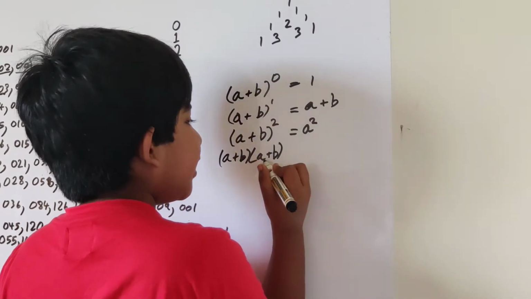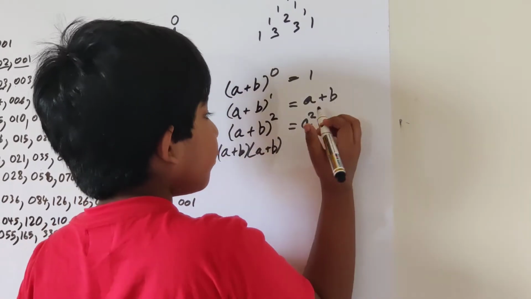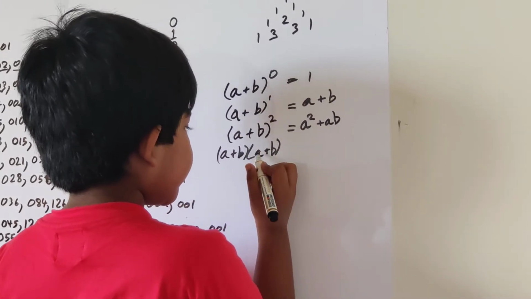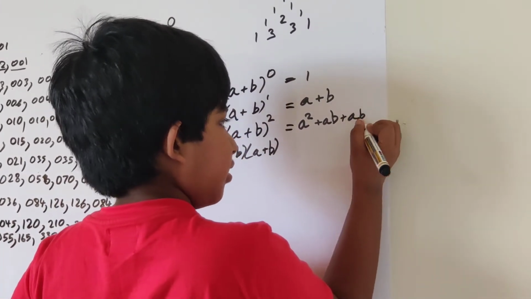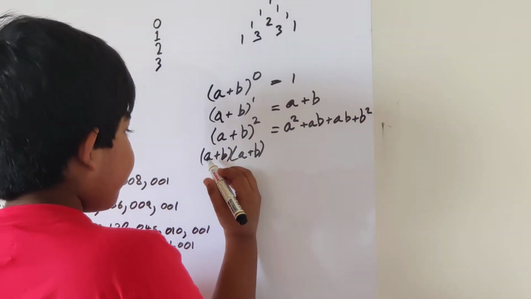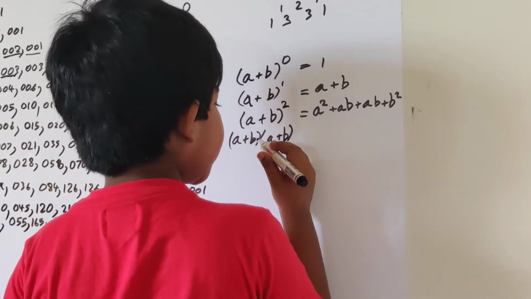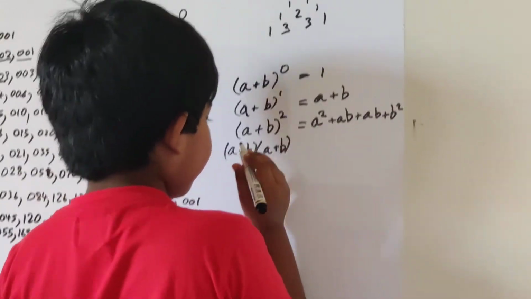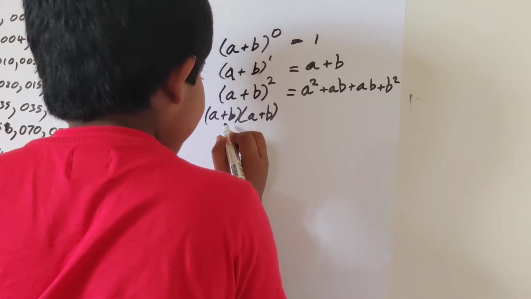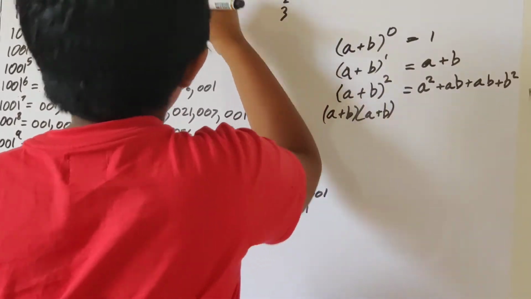So this times this will be a squared, and then this times this will be ab, and then this times this would be ab, and this times this would be b squared. That's how Pascal's triangle is related.